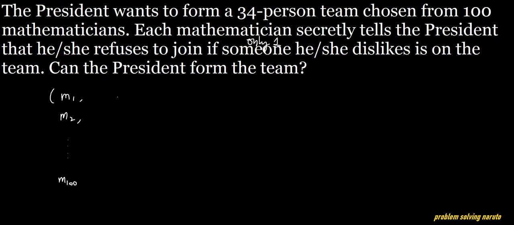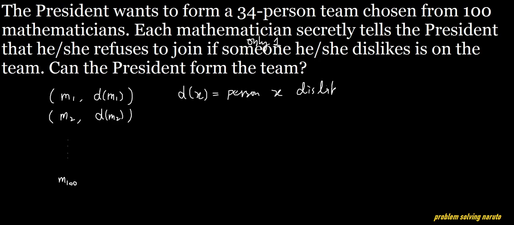And I want to make a pair, because each person dislikes another person. So let's call it DM1, DM2, and so on. DX means the person that X dislikes.